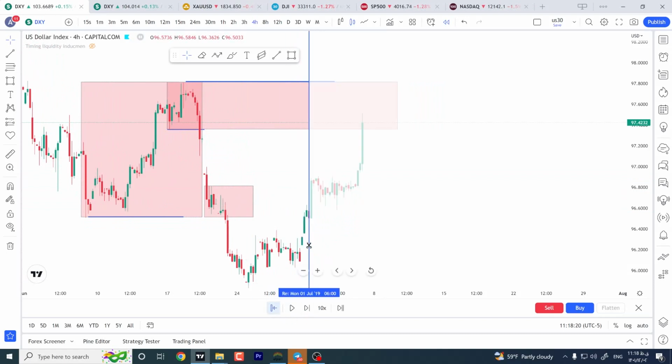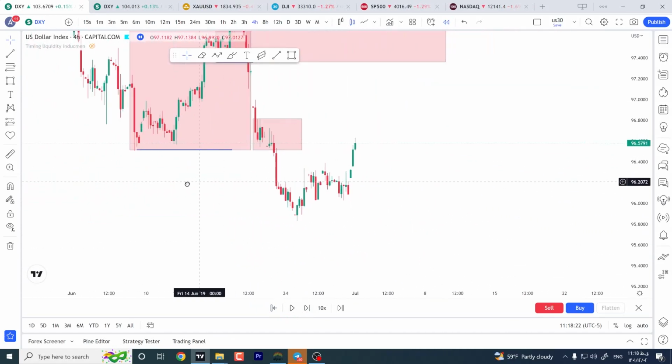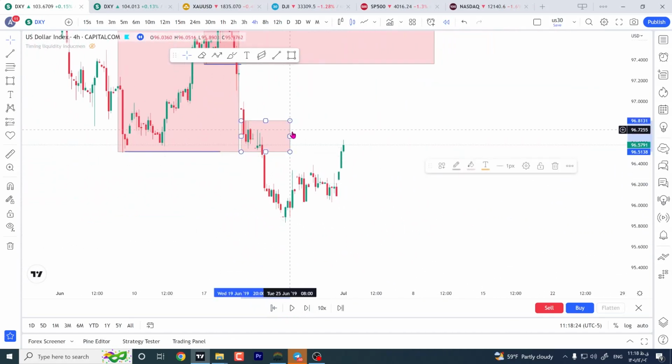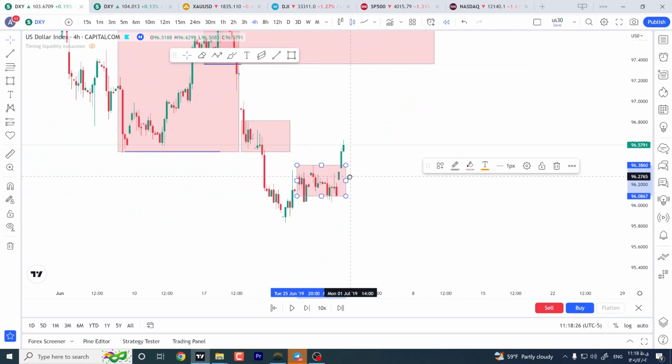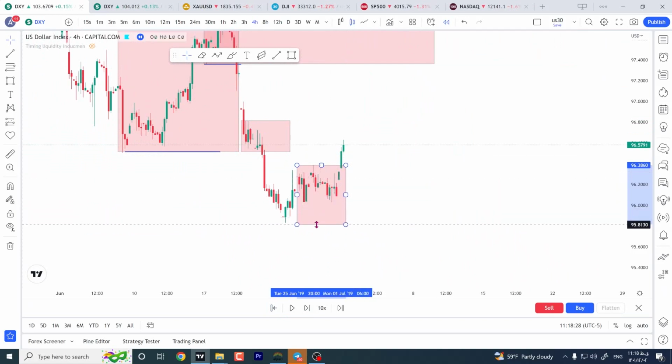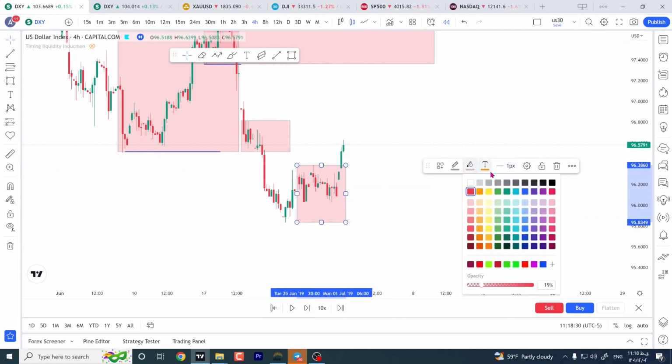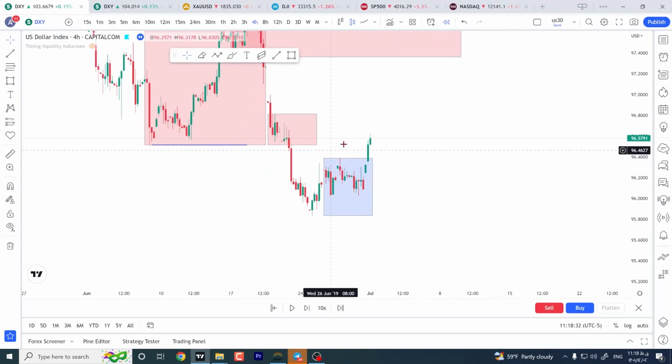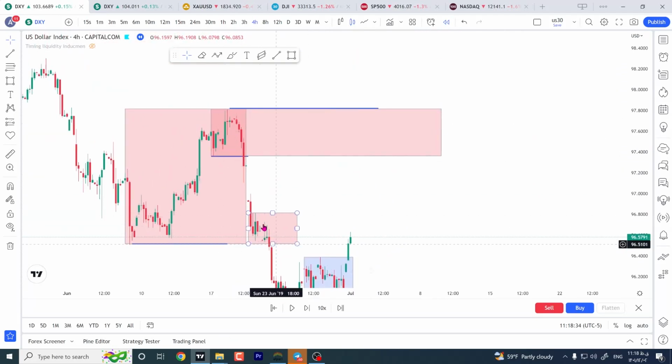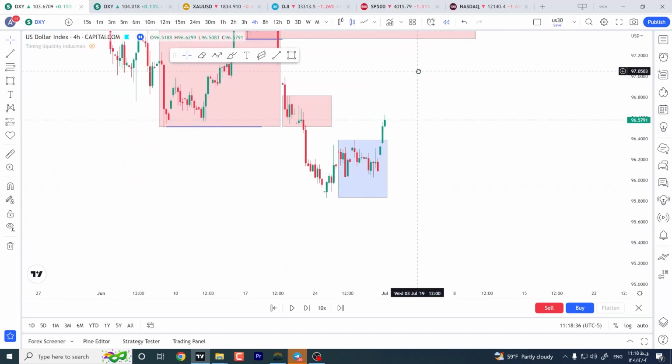For example, I wasn't paying attention to this part. You can see that we have a demand box here. So it is important for us too. We can take trades here until it comes and hits this box.